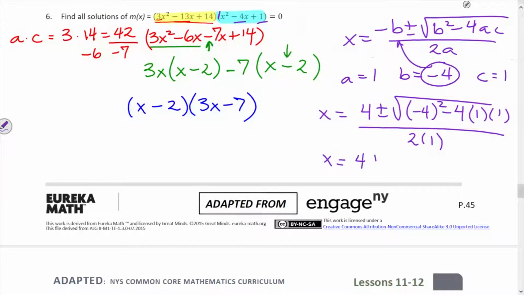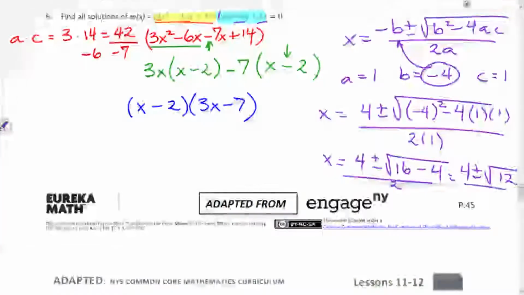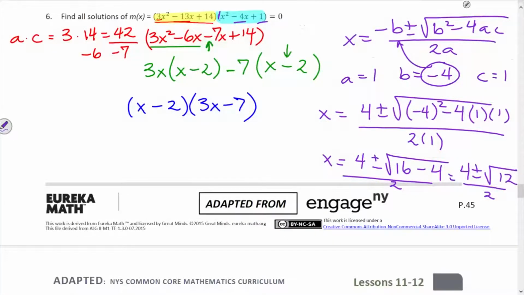So x is 4 plus or minus the square root. 4 squared is 16. 4 times 1 is 4, divided by 2. So I have 4 plus or minus the square root of 16 minus 4, which is 12, divided by 2. Now I need to simplify the square root of 12.